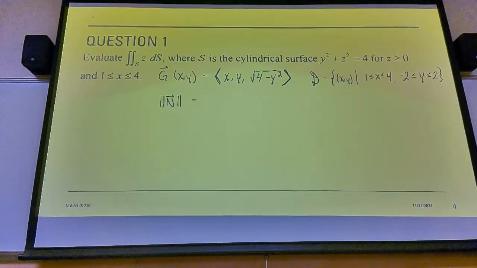The norm of N has also already been derived. Again, refer to the video. I'm not rehashing it. Look at g of x,y, which is z. What is its partial with respect to x? Zero. Partial with respect to y?